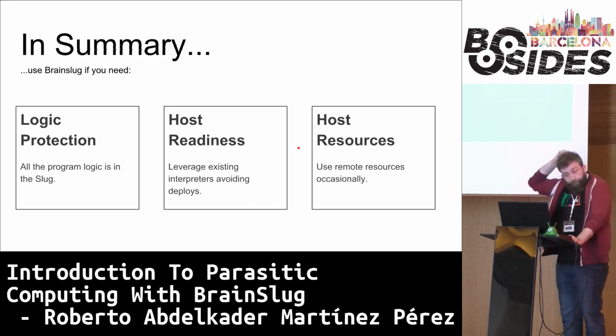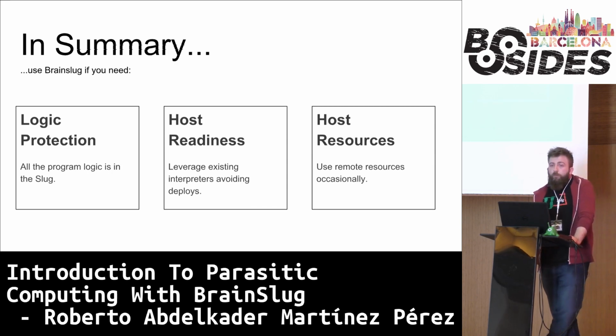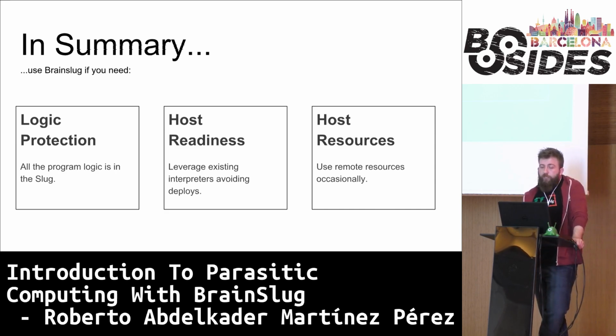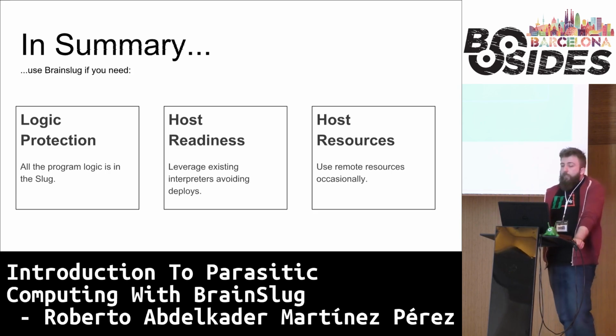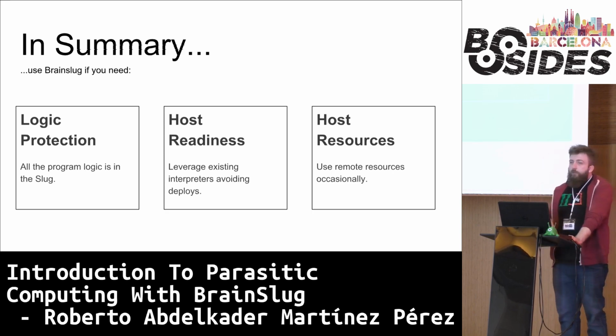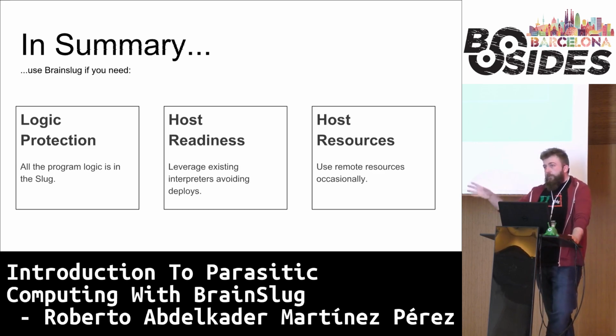So in summary, you want to use BrainSlug if you need any of those three properties, or the three of them. That is logic protection, because all the program logic is in the slug; none of the program logic will be sent to the host.